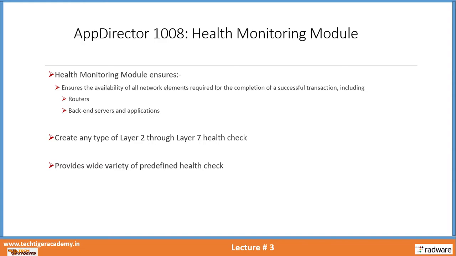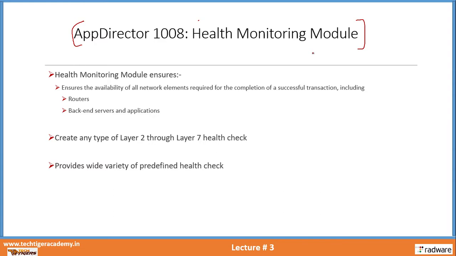Okay. Let us talk about one of the modules, the App Director 1008 Health Monitoring module. You all know about health monitoring. You all know about tools available in the market. Nagios is there, SolarWinds is there, WhatsUp Gold is there, IBM tools are there. So all these tools are basically health monitoring devices.